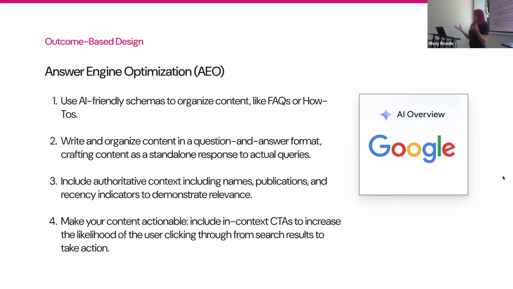So as much as possible, rather than being long paragraphs and articles and everything, you want to make sure that if someone could extract just a single sentence, that would answer their question as much as possible. So we'll do that. And then we have including authoritative context, including names, publications, and recency indicators, dates usually, to demonstrate relevance.